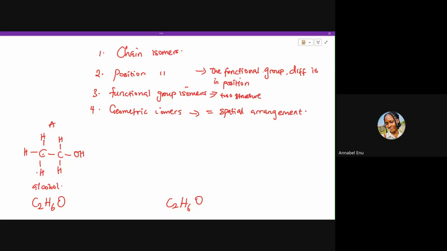Cis isomers is when two similar groups are in the same side of the carbon carrying the double bond. So for example, we have these two carbons. And then we have hydrogen here, hydrogen here, chlorine here, chlorine here. This is a cis isomerism because the same group, chlorine for example, are in the same side of the carbon.